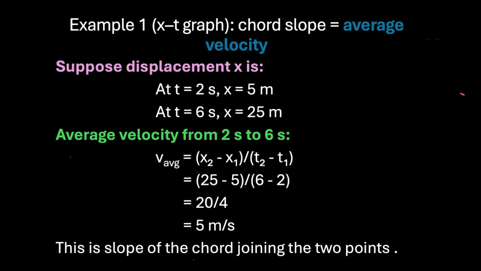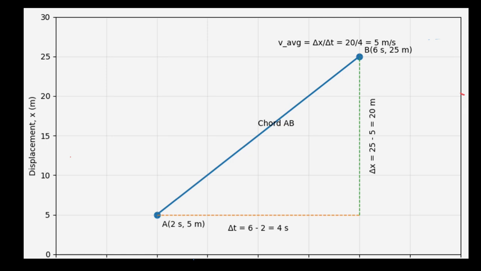Let's now visualize this calculation on a graph. The same calculation. So we have the point here, this is x1 comma t1, and B here is x2 comma t2, right?